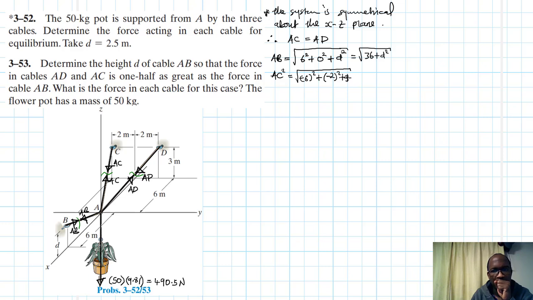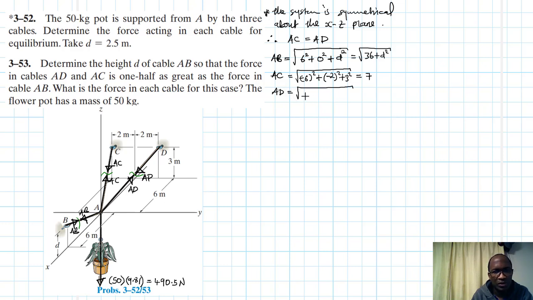In the z, we have a 3 squared positive, and this gives us 6 squared plus 2 squared plus 3 squared. That's 49. Root of 49 is 7. So we expect a 7 even in the length AD. Okay, just AC.